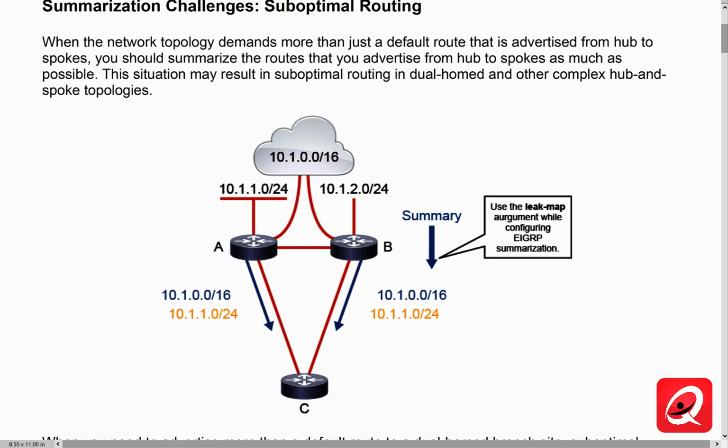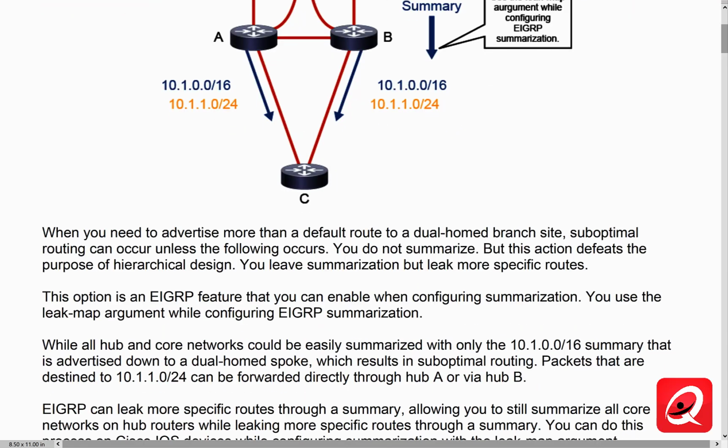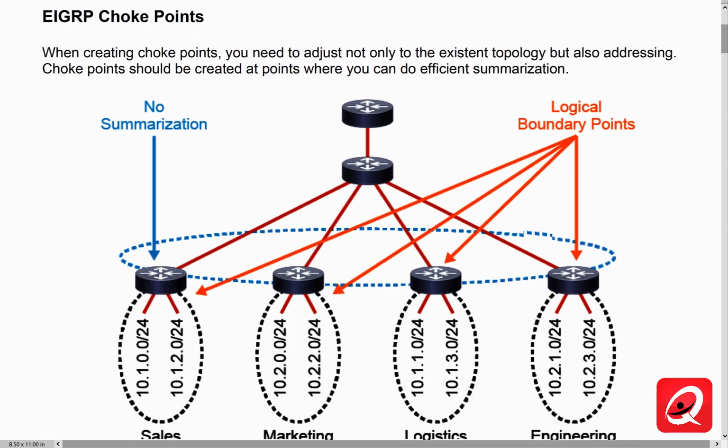All right. So really what a leak map does is it provides us the ability to leak out more specific routes as well as advertising the summary. We'll still summarize all the core routes, but we'll leak out the more specific routes through the summary, and we use that leak map argument to do that in this particular case. So on the right side, we should be leaking out 10.1.2.0.